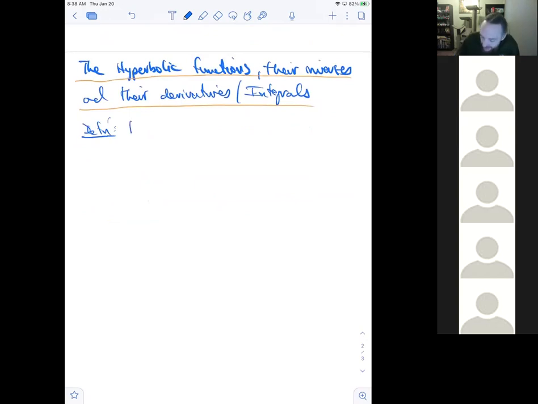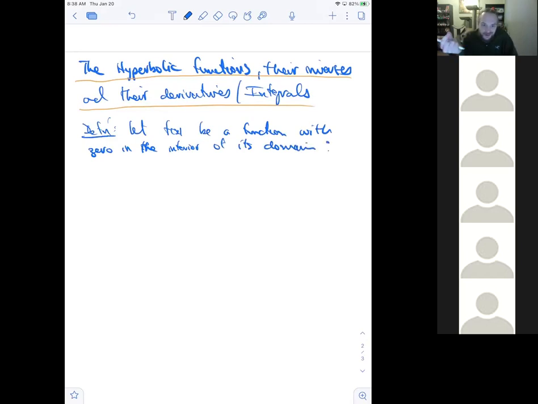Let f be a function with 0 in the interior of its domain. All we mean there is to be able to take negative x, we have to have 0 in the interval so we can go x and negative x.